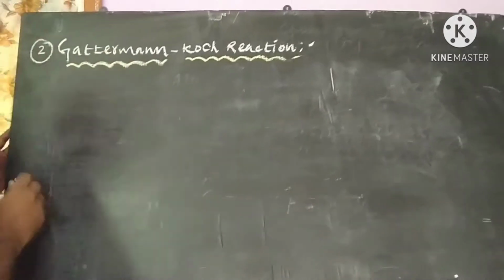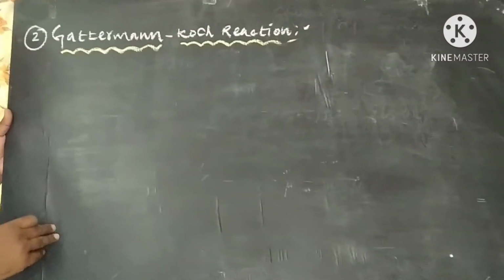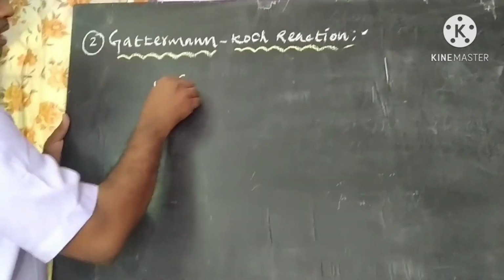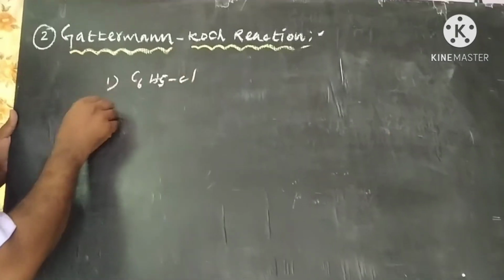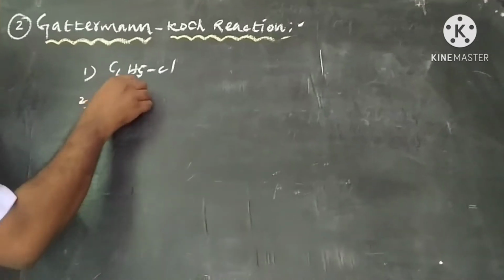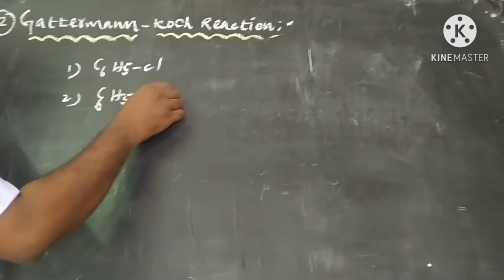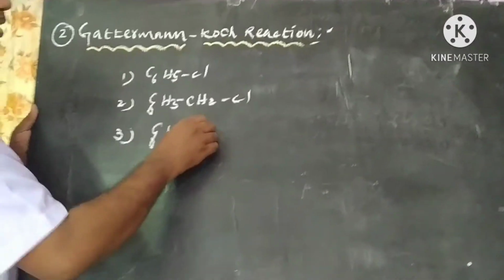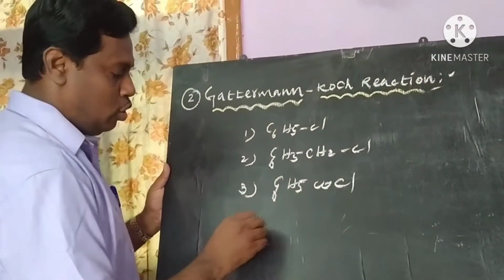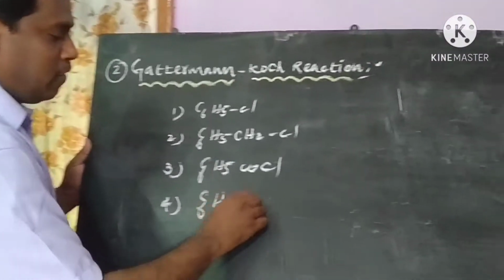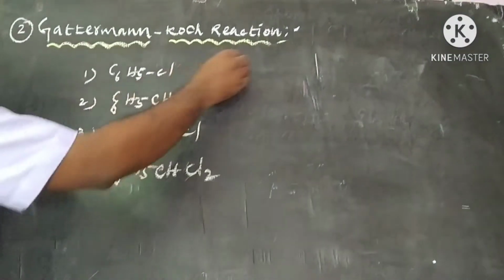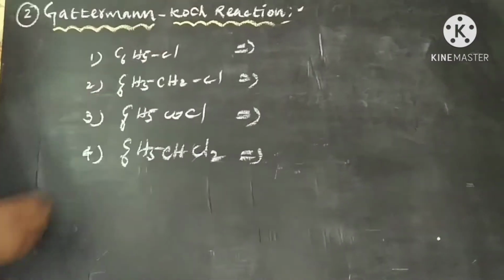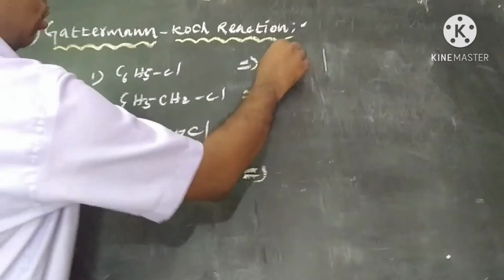An important note: four compounds are very important. Number 1: C6H5Cl. Next: C6H5CH2Cl. Third: C6H5COCl. Fourth: C6H5CHCl2. First, C6H5Cl is chlorobenzene.